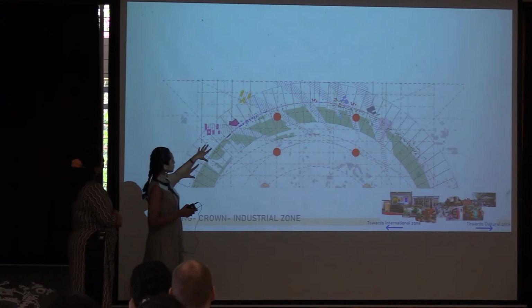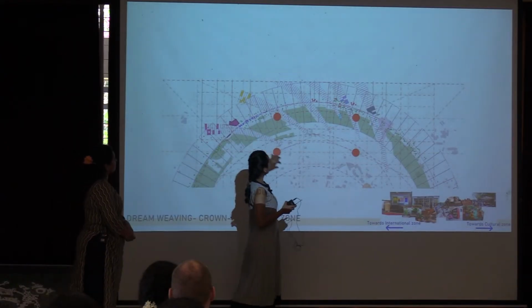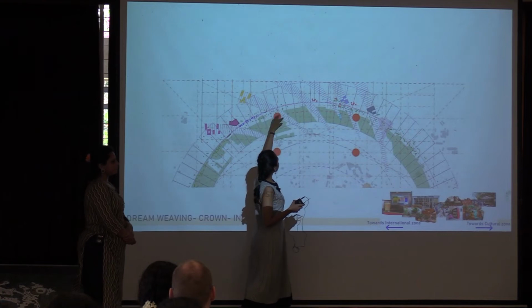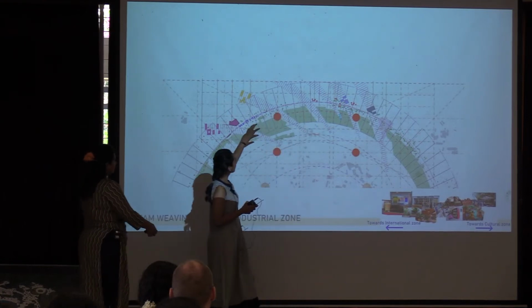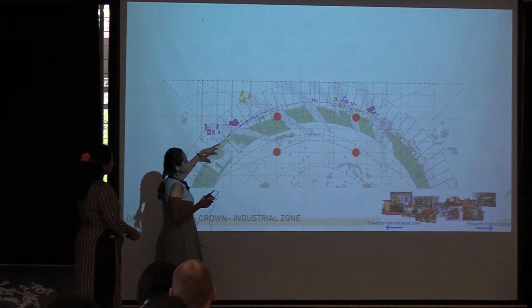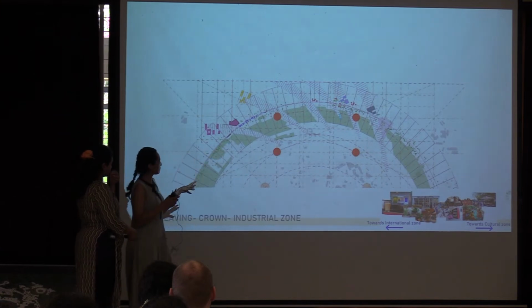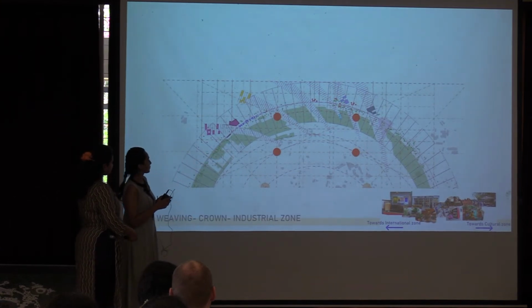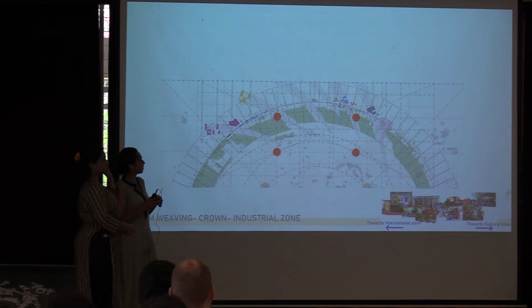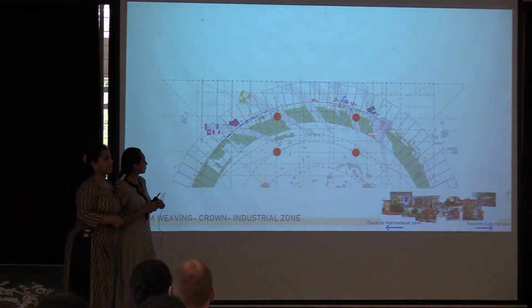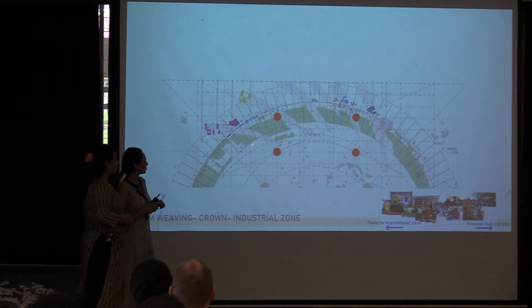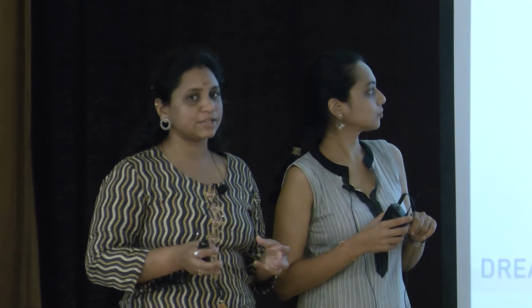Going back to the grid, if we look at the marmasthanas around these areas, what we would propose is to have more open spaces and not really built spaces. And from the previous diagram, as per our way of working, the way we read the energy lines, this could become the personal spaces within the industrial zone.